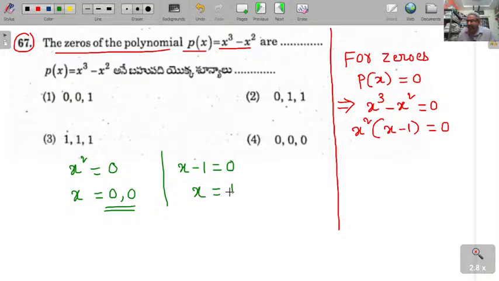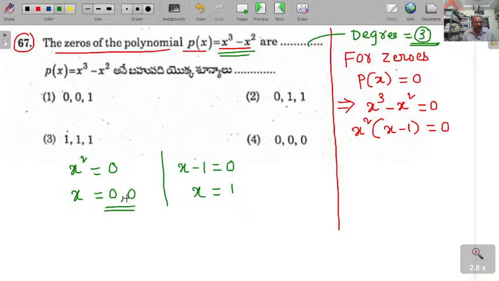Why should we write like this? You may have a doubt. The degree of this polynomial is 3, so the polynomial has at most 3 zeros.